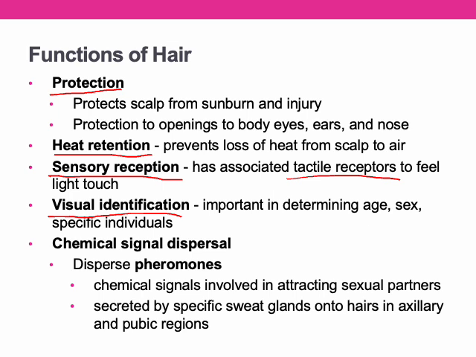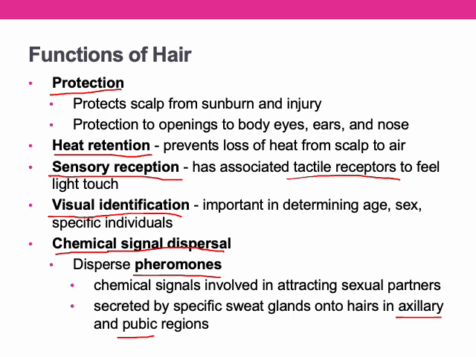Another function that is probably not known by most people is that hair is used for chemical signaling, and the hair releases pheromones. Pheromones are chemicals that are released by certain sweat glands found in the axillary and the pubic region. Once a person hits puberty, the sweat glands on the hair start releasing and secreting pheromones.